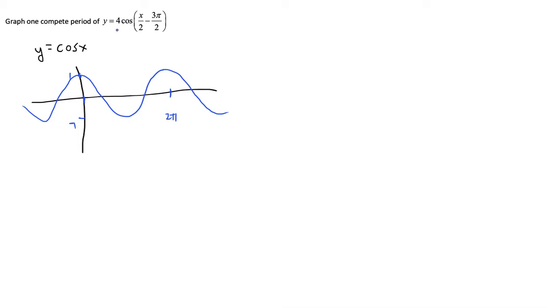So then we want to look at this and determine what the transformations are. These are based on y equals a times the cosine of bx minus c. So we want to determine first what the a, b, and c values are, and then use those to determine the amplitude, period, and the phase shift.